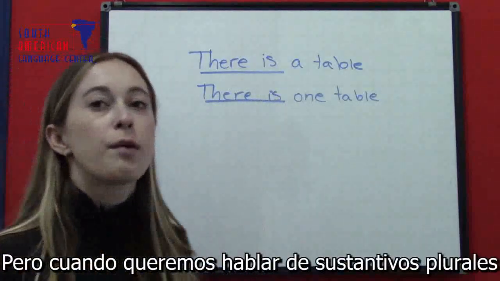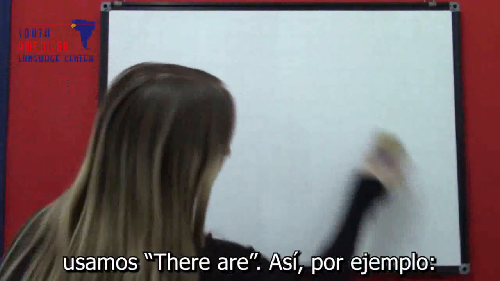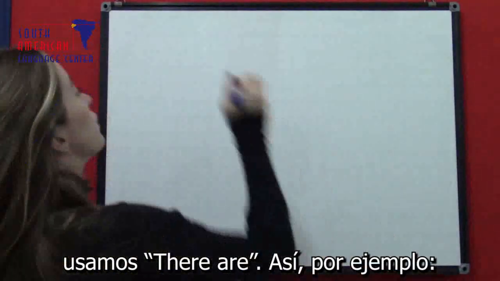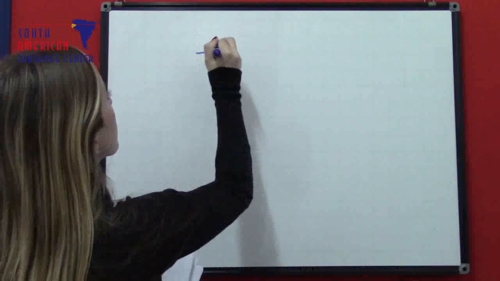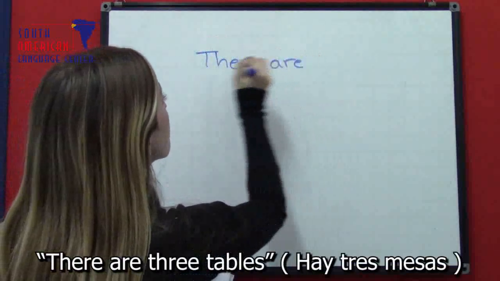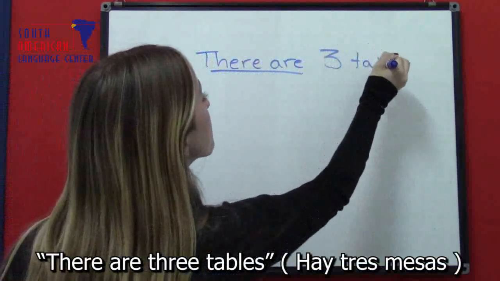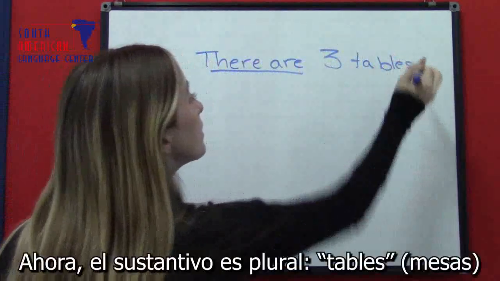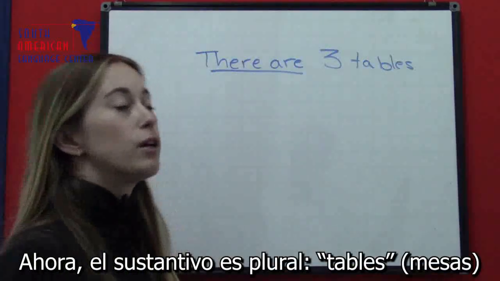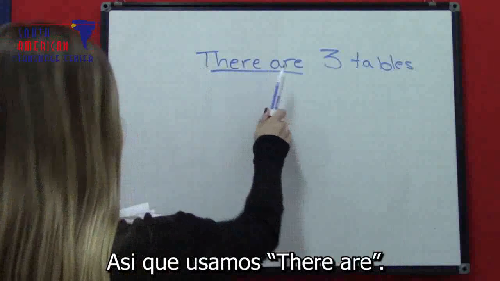But when we want to talk about plural nouns, we use there are. So for example, there are 3 tables. Now the noun is plural, tables. So we use there are.